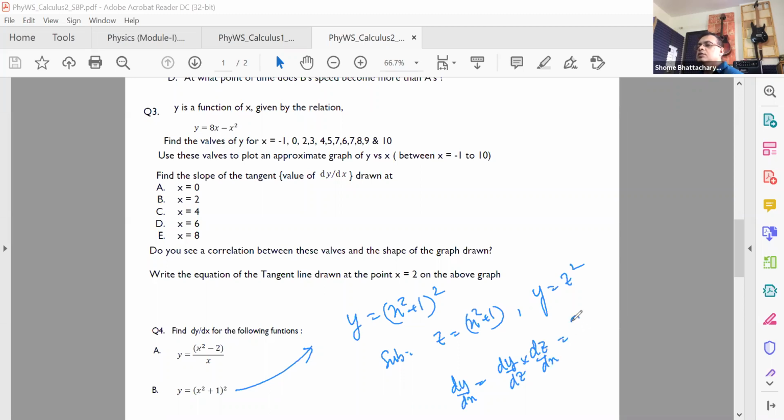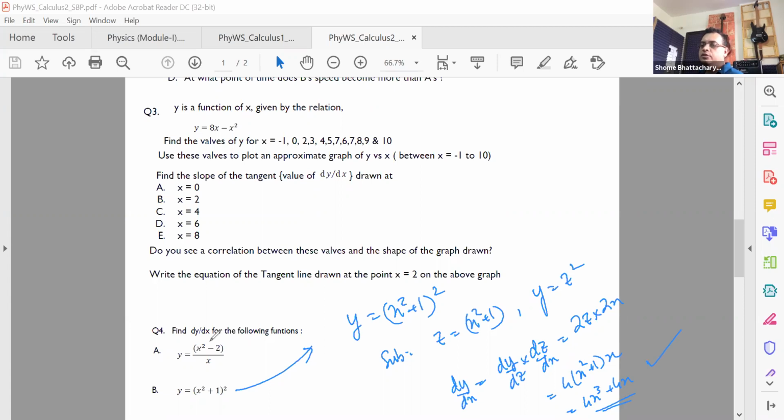Okay. So that will be 2z into 2x. So you can see that this will become 4 times x square plus 1 into x. So that is 4x cubed plus 4x, which is what we would have got by expanding this and differentiating. But you can probably do this with fewer steps now.